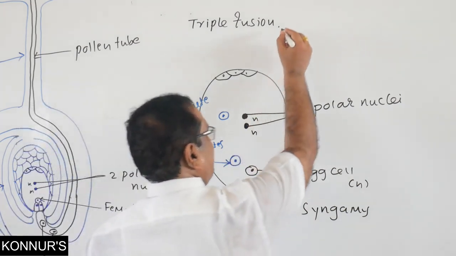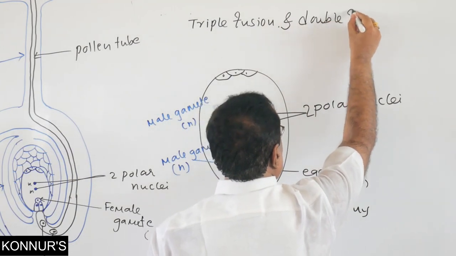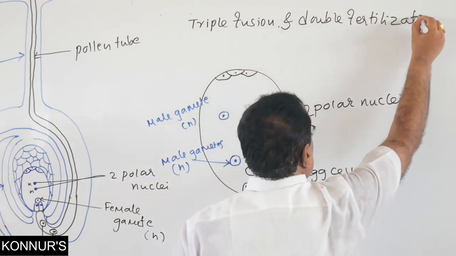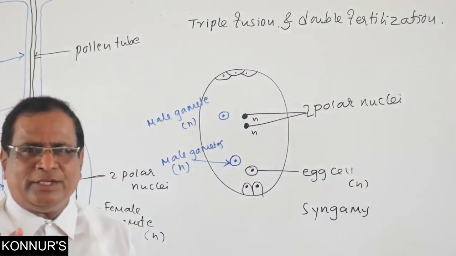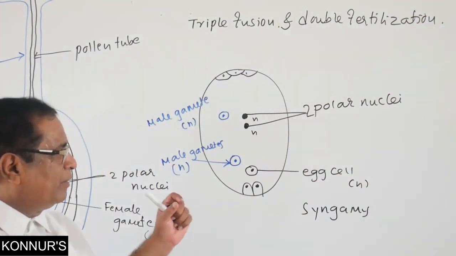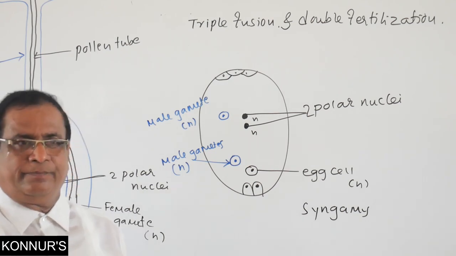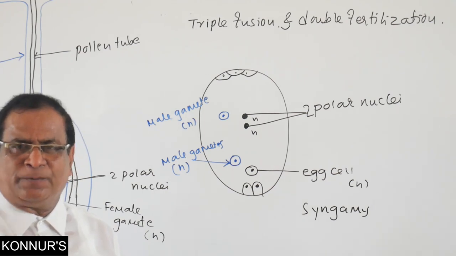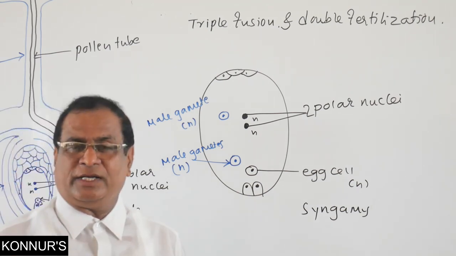Hence, it is said to be double fertilization. Fertilization in angiosperms is triple fusion and double fertilization. They may ask a two-mark question: fertilization in angiosperms is said to be triple fusion and double fertilization.